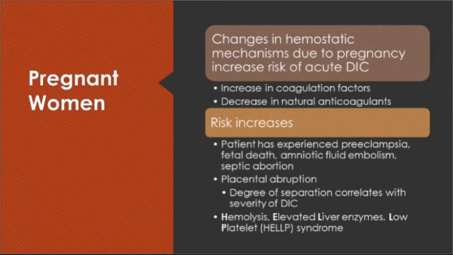Pregnant women, I'm going to touch on this because you guys are getting ready for NCLEX. Changes in the hemostatic mechanism due to pregnancy put them at increased risk for acute DIC. They have a decrease in the natural anticoagulants because of the pregnancy state and preparing for delivery. They will usually present with ecchymosis, mucosal oozing, bleeding of the GI tract, maybe some bleeding at their incision sites.